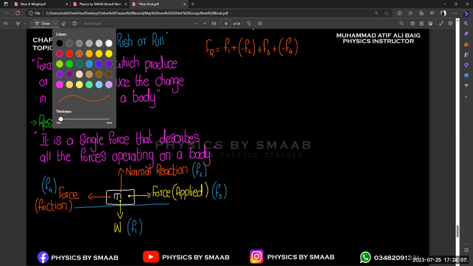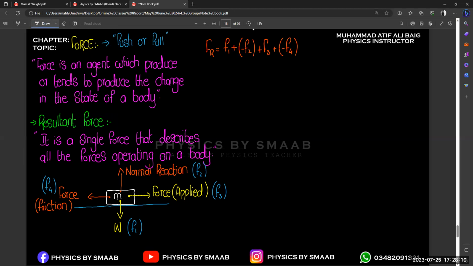Actually, at this level we are not focusing on why we write minus in a separate bracket form, but this is a very conceptual point because this minus sign only gives you the concept of direction. This negative sign never shows that the magnitude of the force is negative, right? So this is the only concept to tell you in this form. Otherwise, you already know how to add them and subtract the values, right?